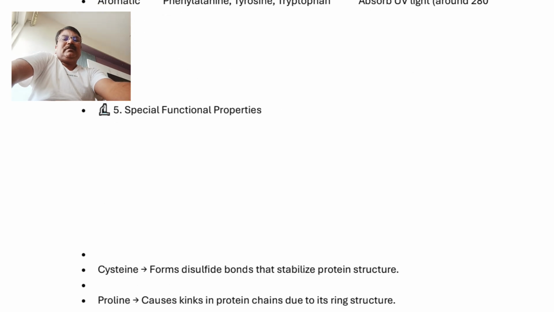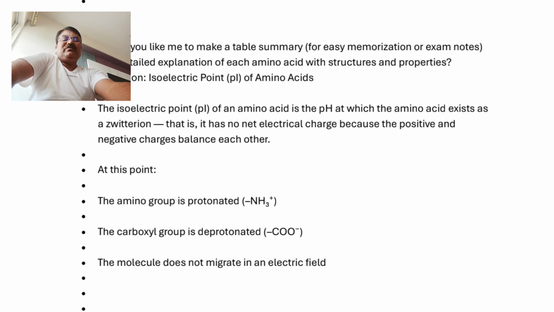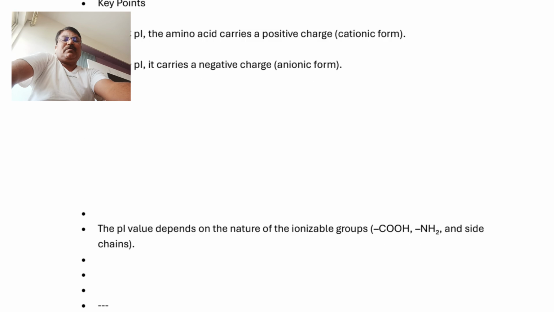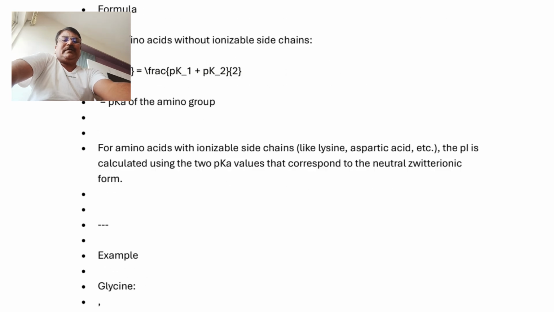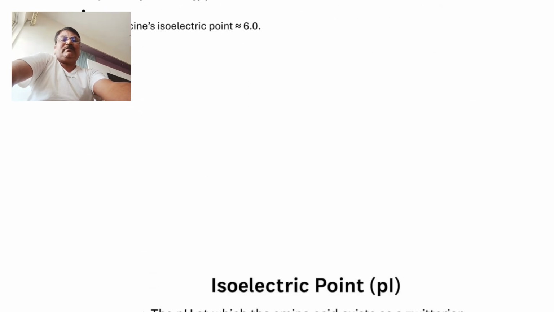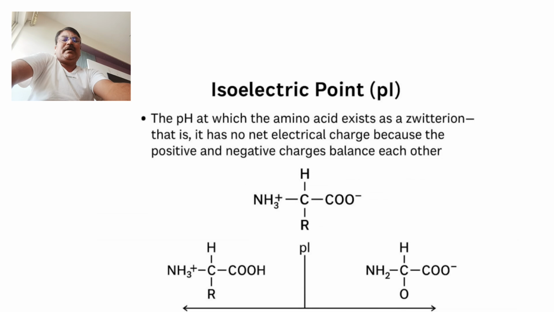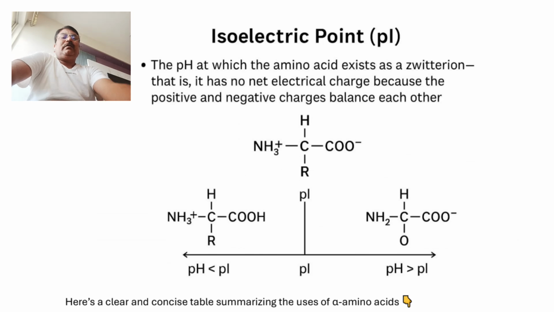Now we have to study the most important chemical property, that is the isoelectric point. What is the isoelectric point? It is particularly shown by alpha amino acids. Now see the slide.